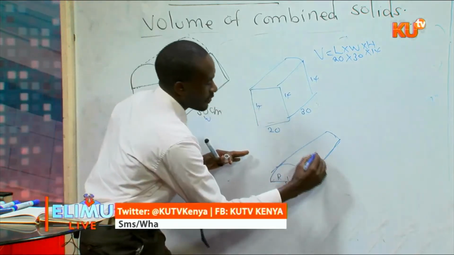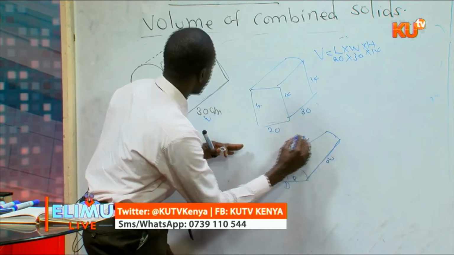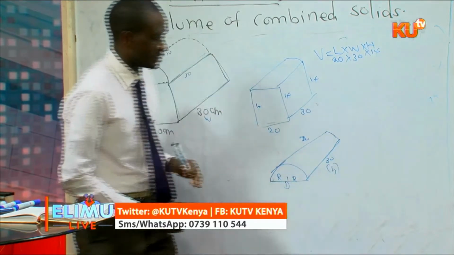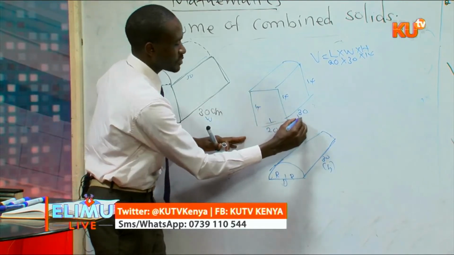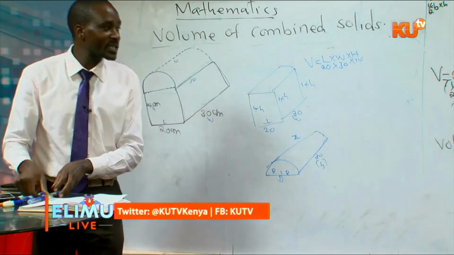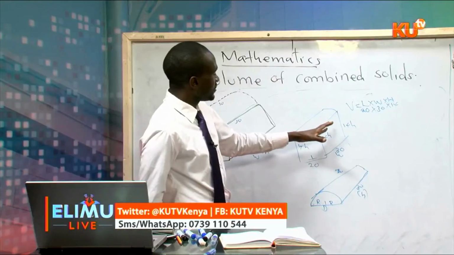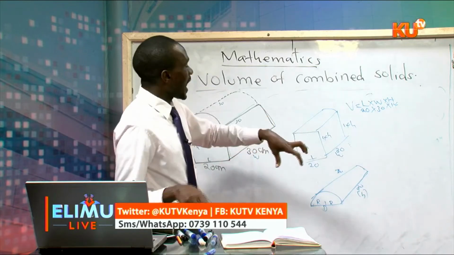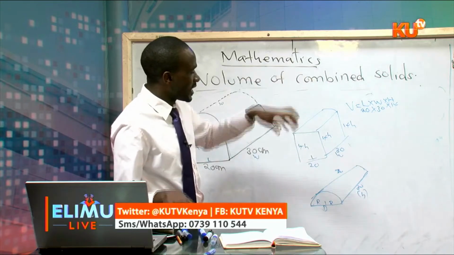When you come to half a cylinder, its height is 30. But for a cuboid, it is length times width times height. That's why we said they are combined solids, and for a combined solid, each takes its height depending on how the added figure is appearing.